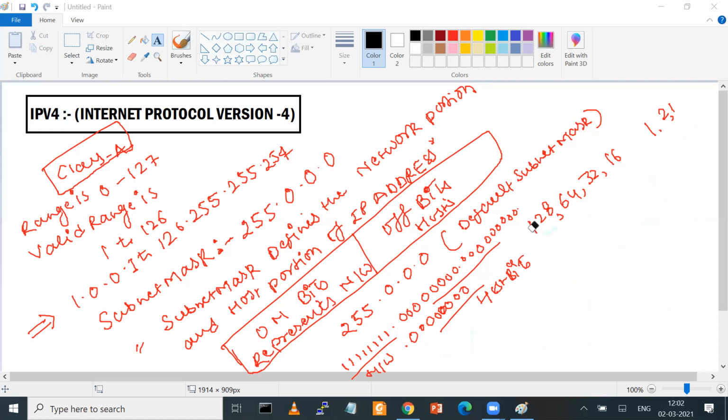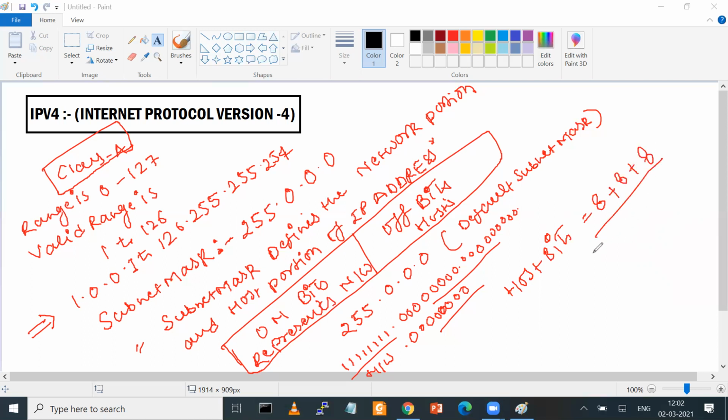Similarly, we have host bit also. 24. 24 bits we have.